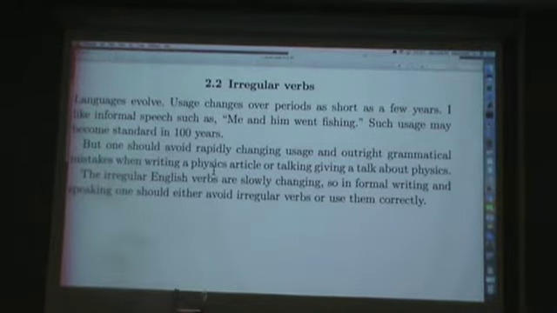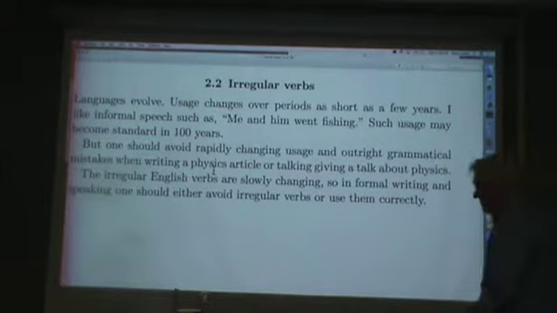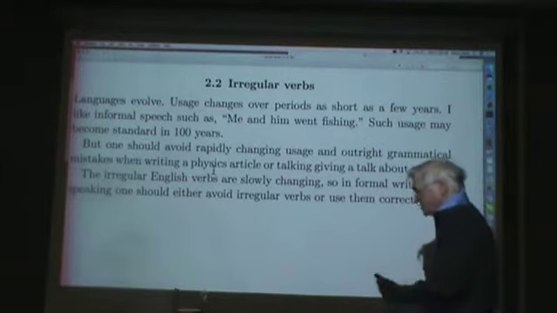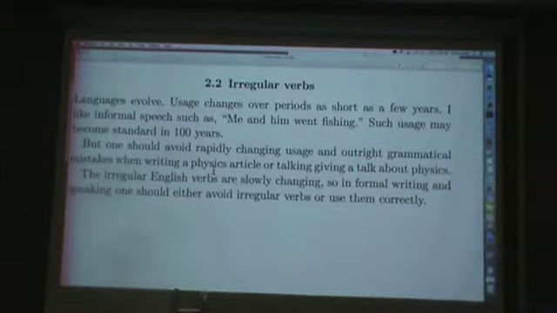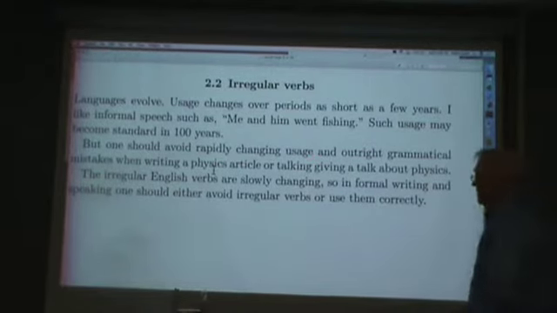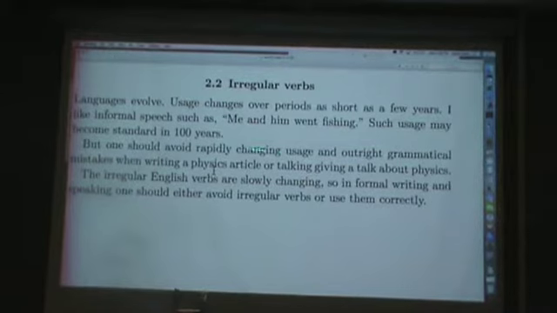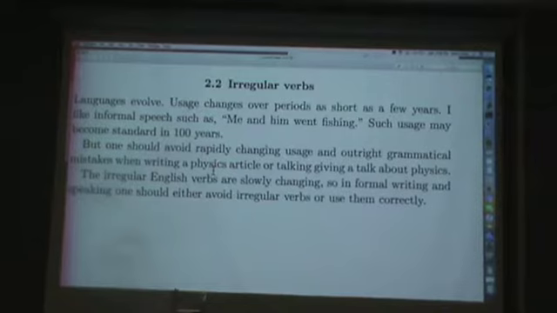the thing to do is to avoid rapidly changing usage, because if you use the traditional standard usage, some person might think you're being pretentious or might not understand what you're saying. And if you use the most modern usage, other people will say it's wrong. So it's a good idea to avoid rapidly changing expressions.